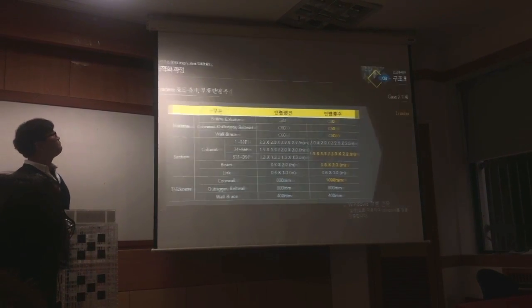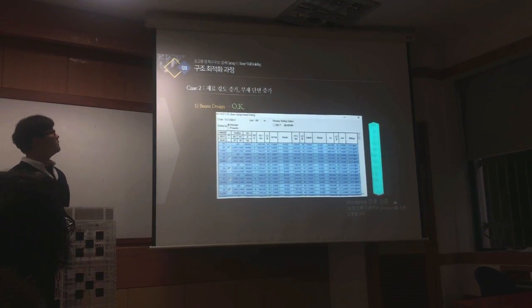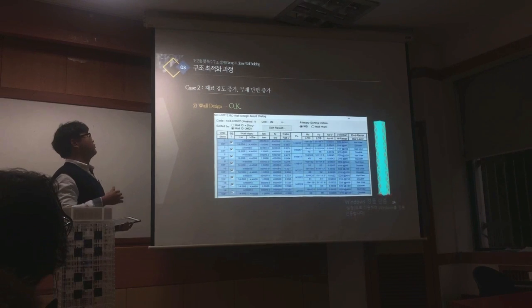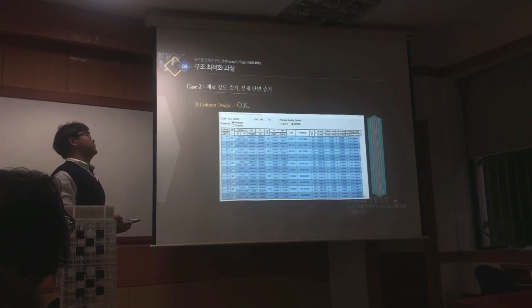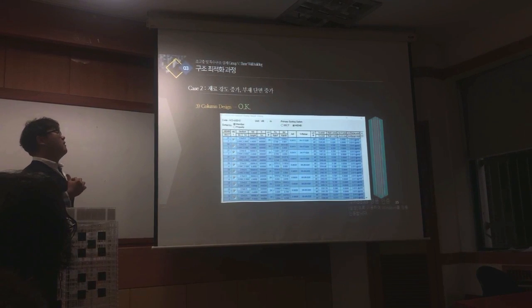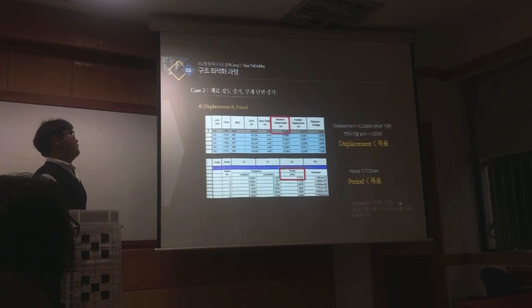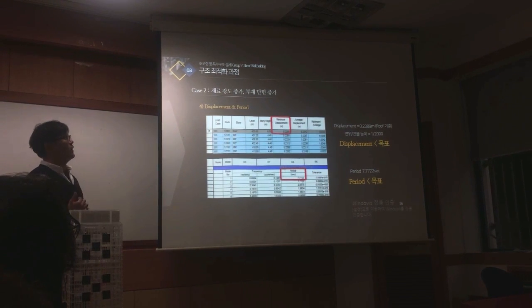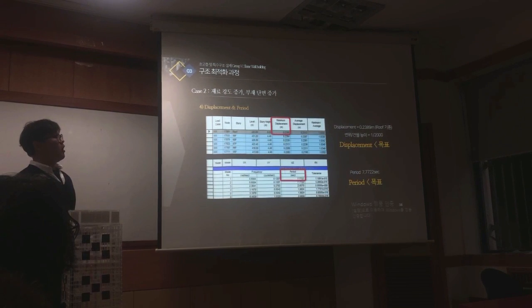So beam design was great, and wall design was great, and also column design was great, so everything seemed really good. But the thing was that displacement and period were way too short of our goals.